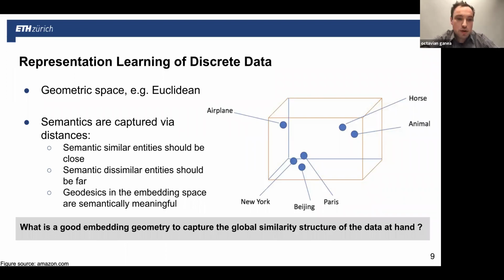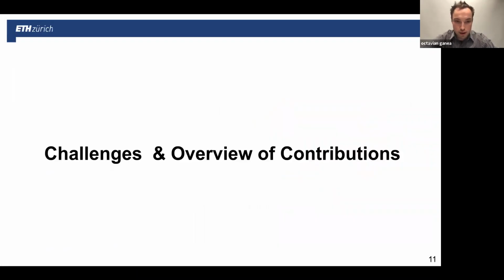So a fundamental question that I'm trying to take steps towards in this talk is, what is a good embedding geometry to capture the global similarity structure of the data, and maybe not just similarity, but more complicated structure like hierarchical structure? What do I mean by good embedding geometry? Well, it has to be a geometry that gives a good inductive bias or a good prior for some assumptions about the data that we are using.